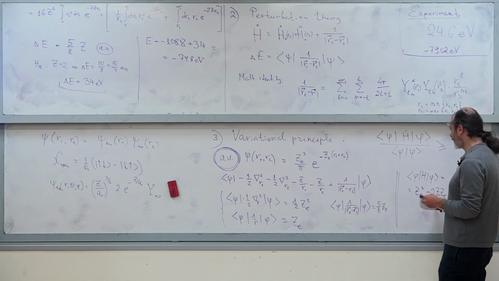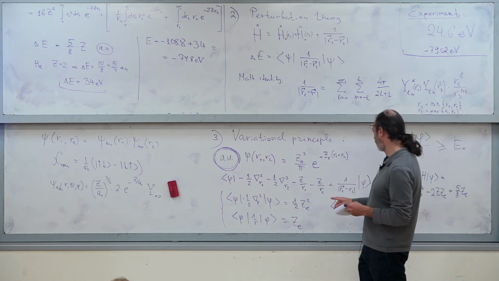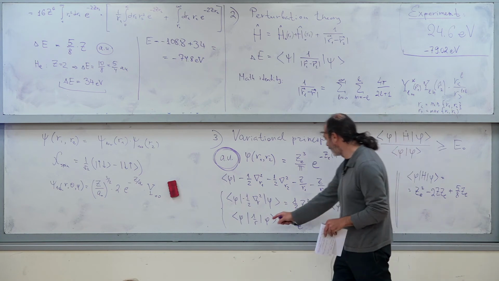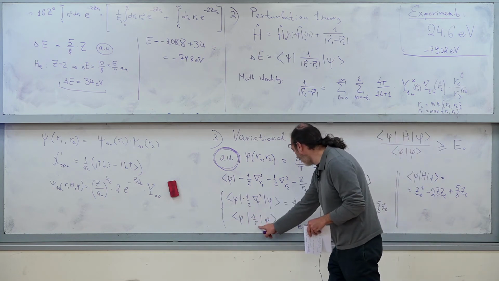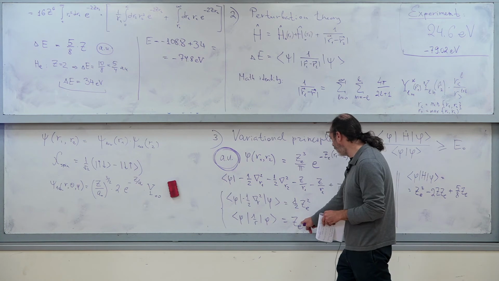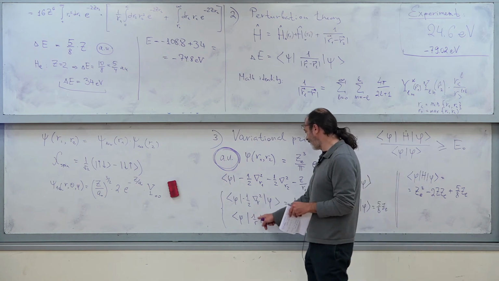The Z here comes from the nuclear charge Z. This expectation value of 1/r gives us ZE, but it should be multiplied by Z, of course.